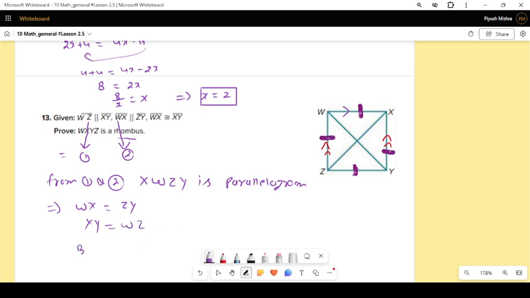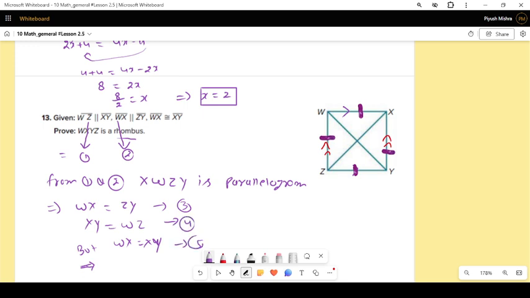But it is already given WX is equal to XY. So let us suppose this is 3, this is 4, and this is 5.